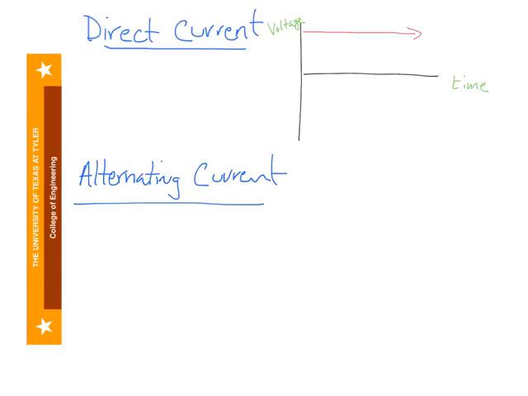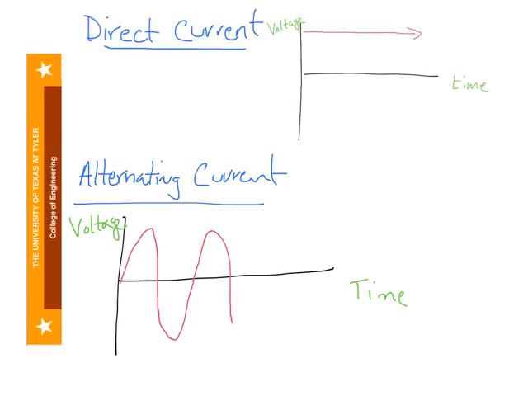So for alternating current, same graph, voltage and time. What we would find there is that we would continually go back and forth between positive and negative voltage. And typically that's modeled as a sine wave.